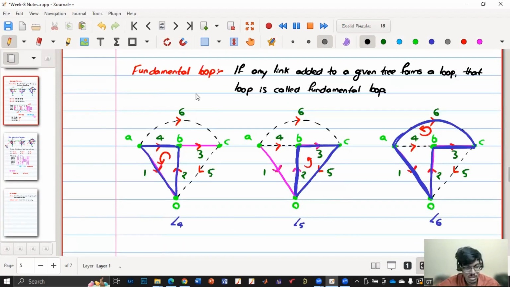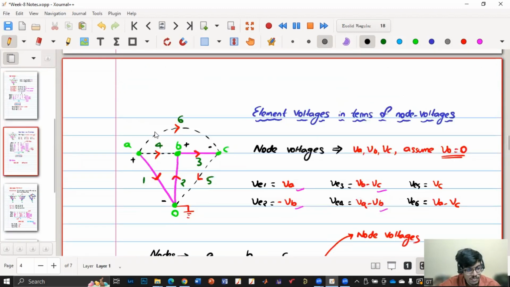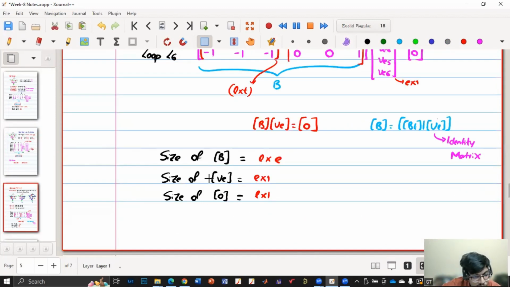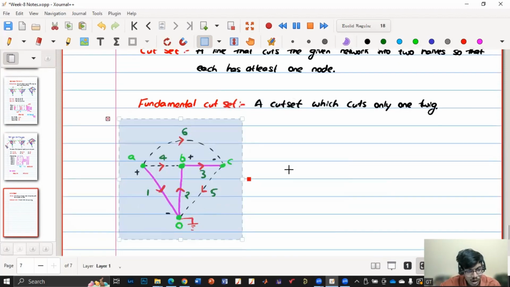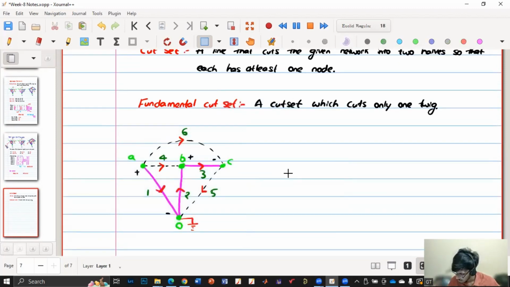So let me consider this diagram. I will draw a line which will cut this into two halves, not exactly two, just two parts. Now we have divided this network into a left side and a right side.